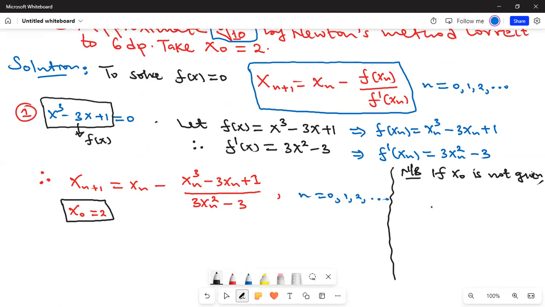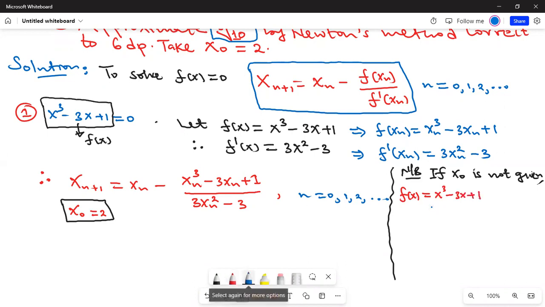then what do we need to do? You are going to find the interval where f of x changes signs. Remember that our f of x equals x cubed minus 3x plus 1.